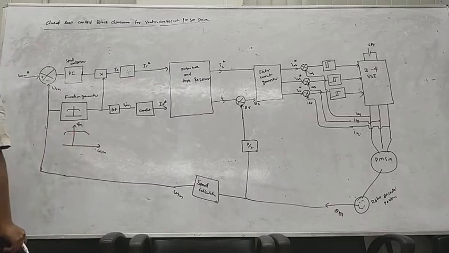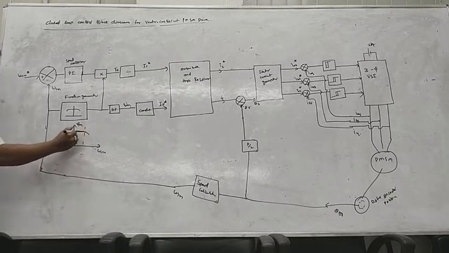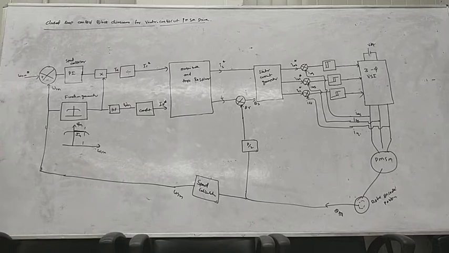So for below base speeds, at this point, this is the below base speed condition. Your IM, the magnetizing current, this IM magnetizing current is constant for below base speed condition.